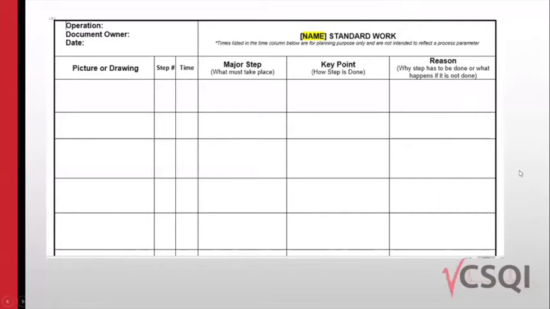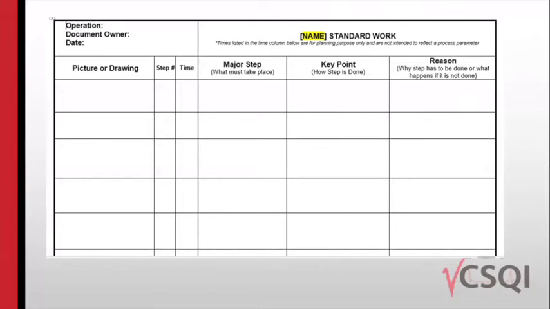And it's important that when there's a problem, staff come together and sit down, complete this worksheet so that we're on the same page for exactly how things should be done, the order in which things should be done, what are the key steps in order to do this thing successfully, and why this is important.